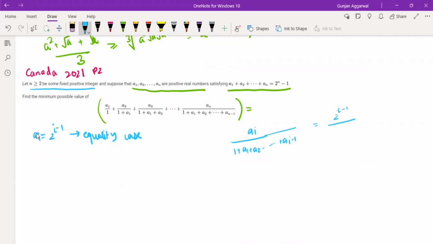Maybe some sort of induction on it. Let's check a small case.